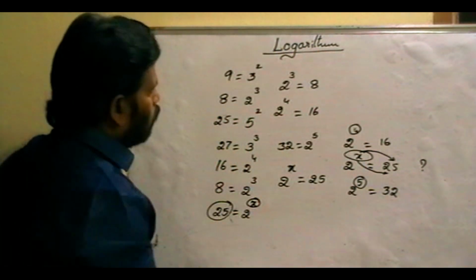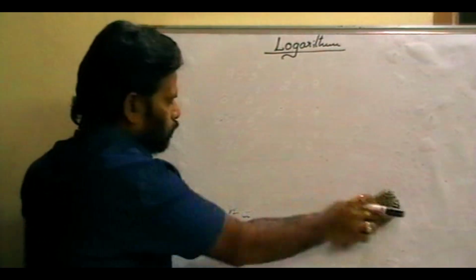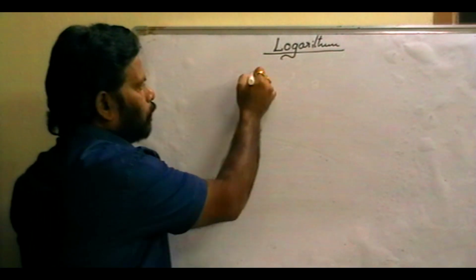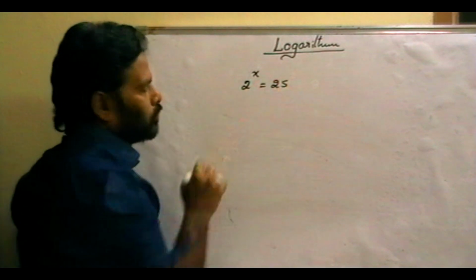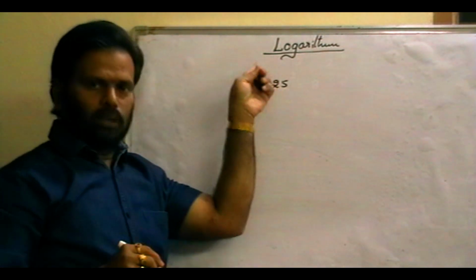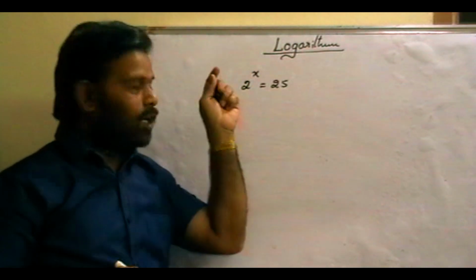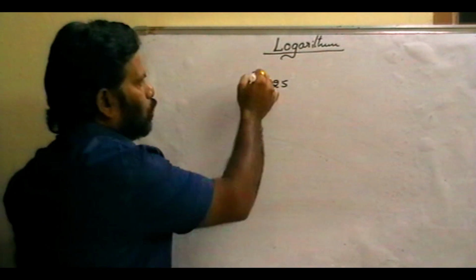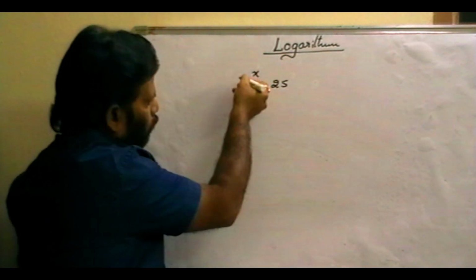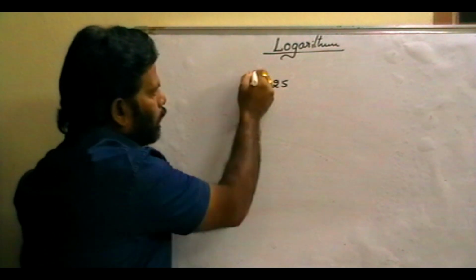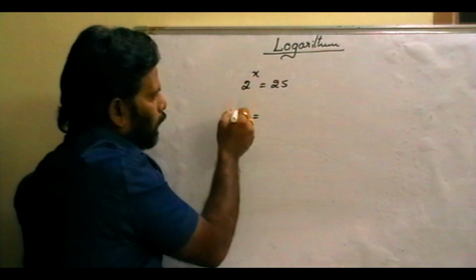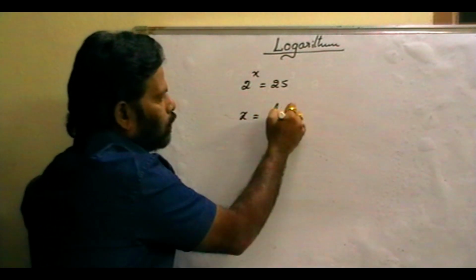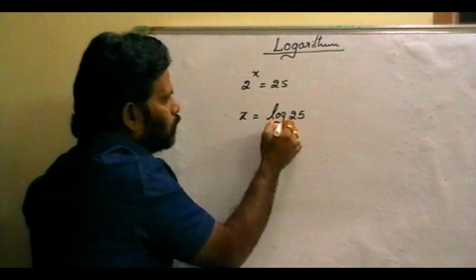Logarithm, right? Now, what is the logarithm? Listen carefully. Here 2 to the power of x is equal to 25. We don't know the value of x. If x is equal to 4, 2 power 4 is 16. If x is equal to 5, 2 power 5 is 32. Now to find the value of x, we found a new relation: the power x is equal to log of 25 to the base 2.